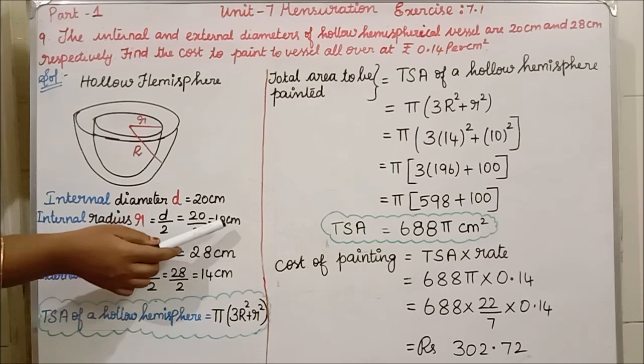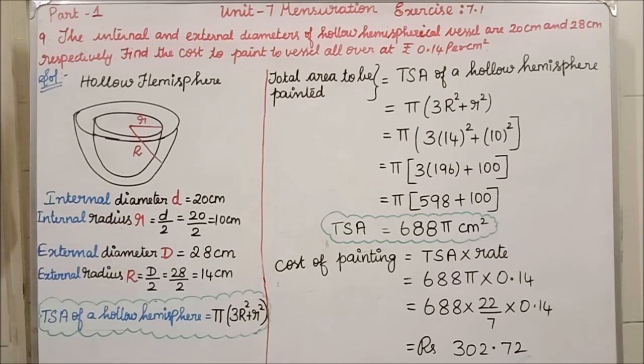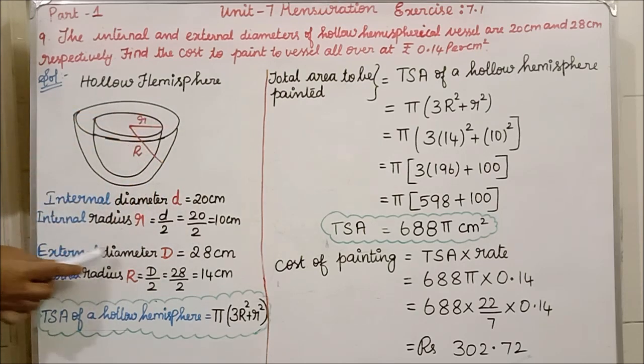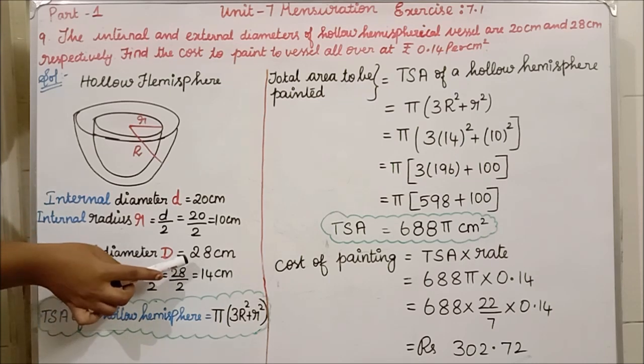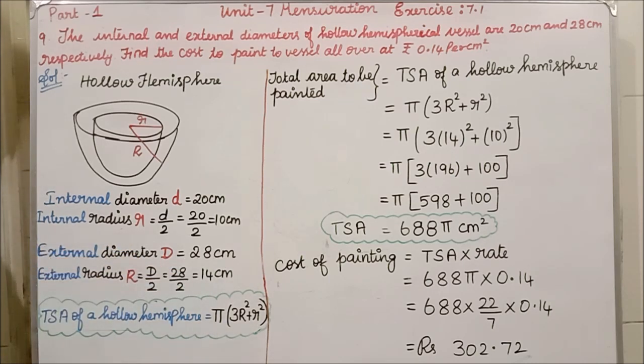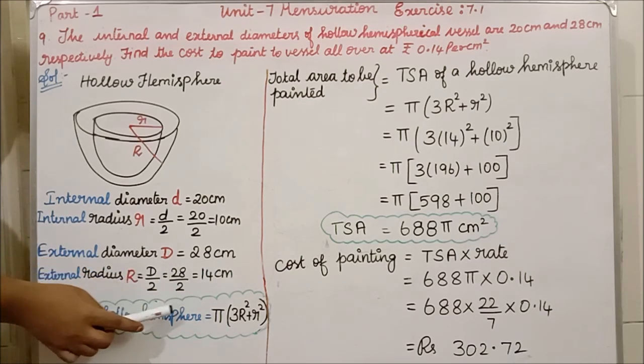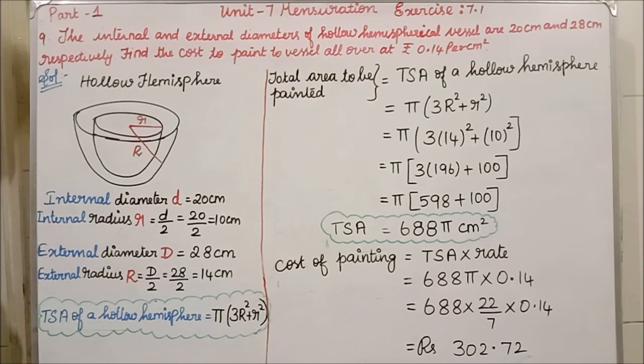So 20 by 2 is 10 centimeter. Clear? Next, external diameter, capital D, equal to 28 centimeter. So external radius capital R equal to capital D by 2. So 28 by 2 is 14 centimeter.